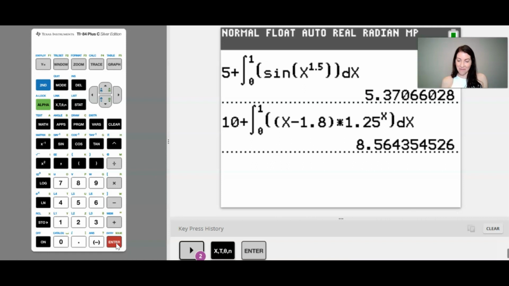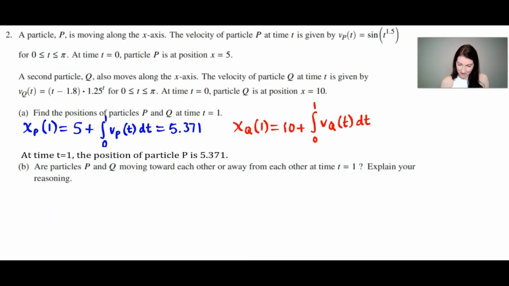And I got an answer of 8.564. And once again, I'm going to write my sentence. At time t equals 1, the position of particle Q is 8.564.